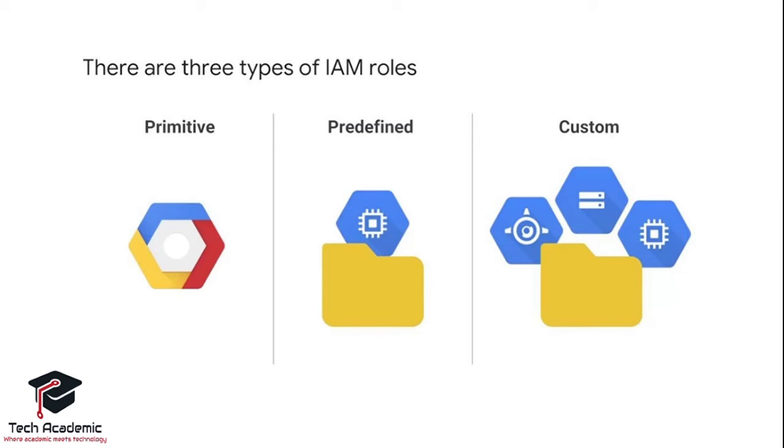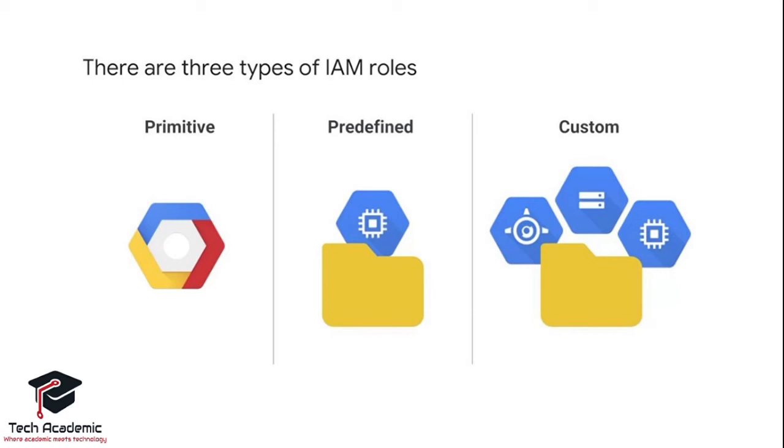For example, later in this lecture series, we will talk about Compute Engine in the next video, which offers virtual machines as a service. Compute Engine offers a set of predefined roles and you can apply them to Compute Engine resources in a given project, a given folder, or an entire organization.